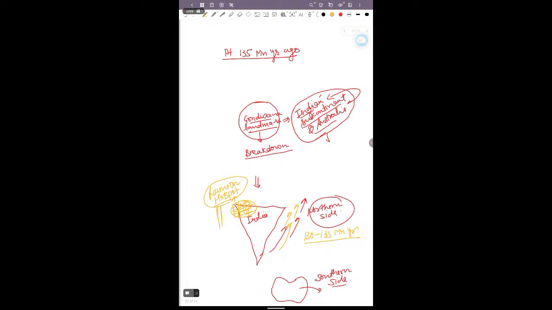Through the fissure region, the lava and magma came up above the earth's surface, and this lava and magma formed the Deccan Trap of India.